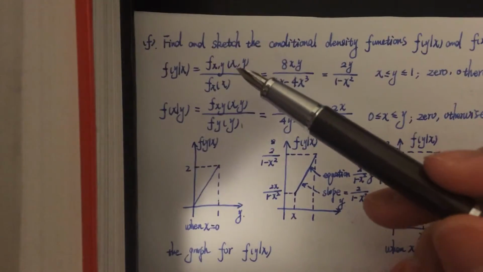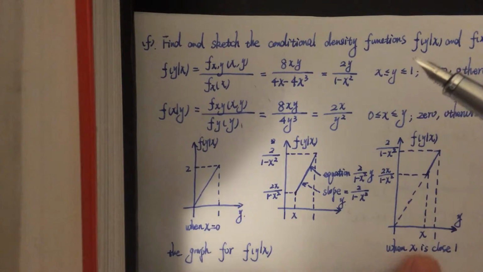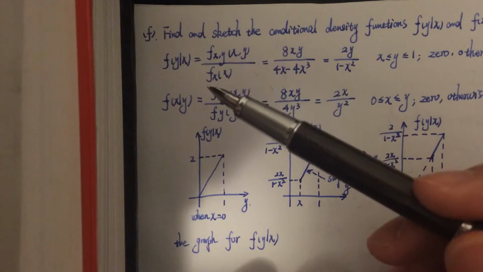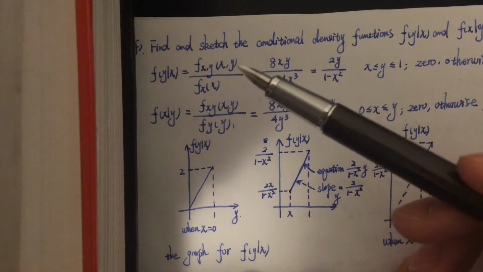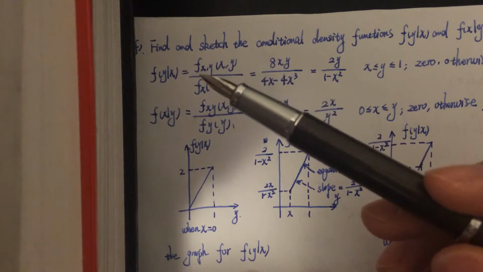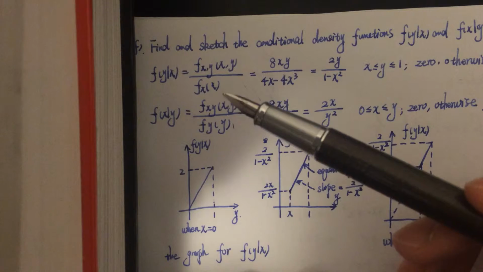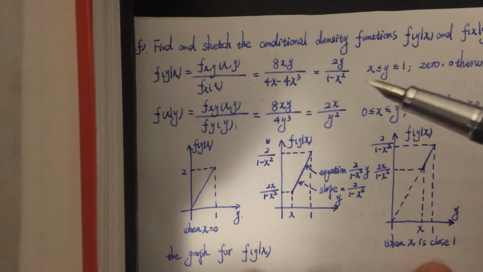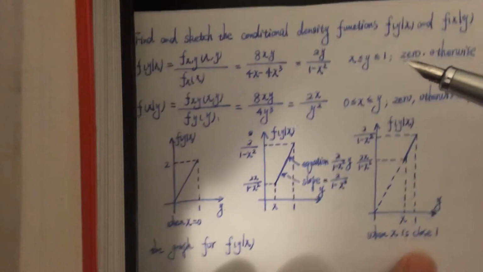Now what F requires is to find and sketch the conditional density functions fY given x and fX given y. According to the formula, we can easily get fY given x equals f(x,y) over fX of x, and the result is 2y/(1 minus x squared), where y is larger than x and less than 1.